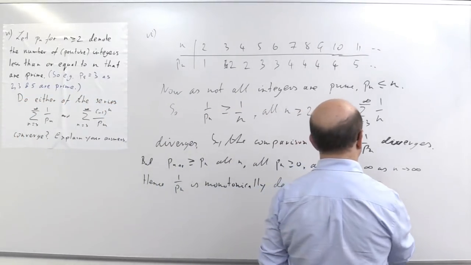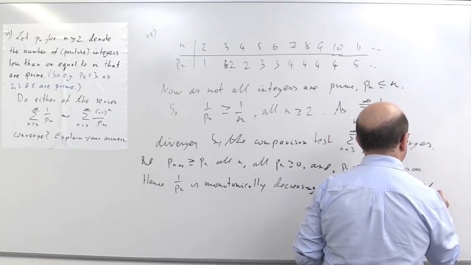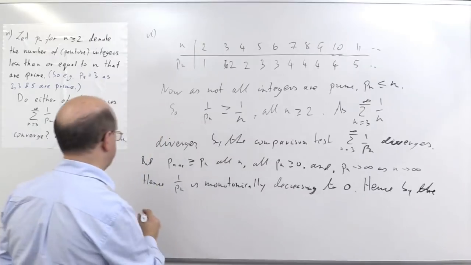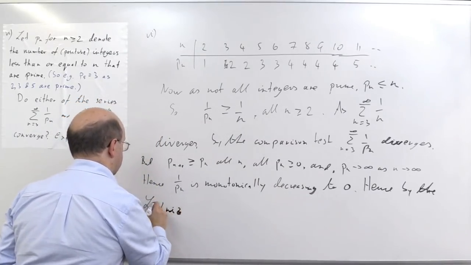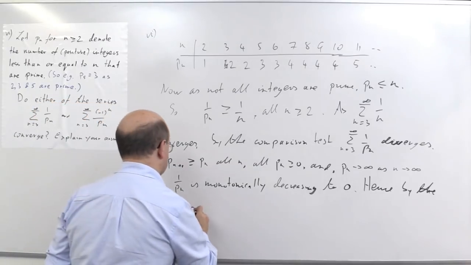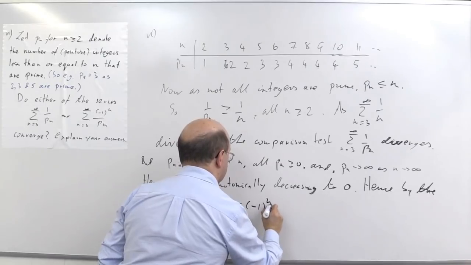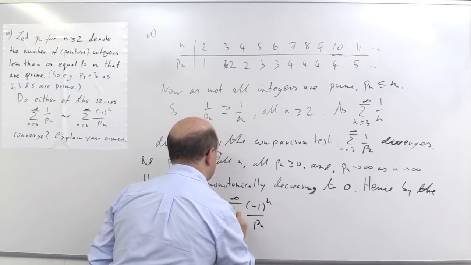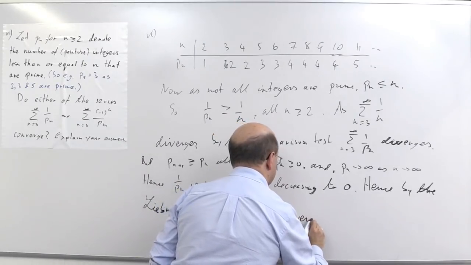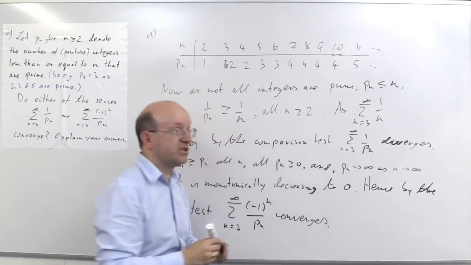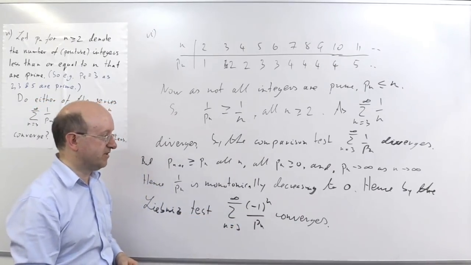So hence by the Leibniz test, sigma minus 1 to the n over Pn converges. It converges conditionally, because the sigma 1 upon Pn didn't converge, it diverged.